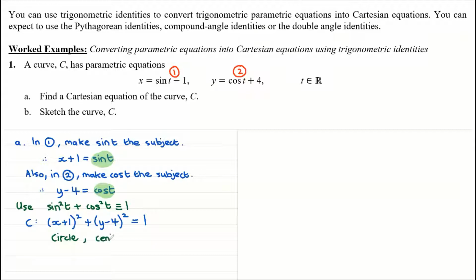Now, the center of the circle is dictated by these values here. So we've got the plus 1 there and the negative 4 there. We just simply have to change the signs of those. And then we've got the coordinates of the center of the circle. So that's going to be at negative 1 and 4. Okay, and then the radius of the circle on the right-hand side is the square root of that number there. So that's, of course, going to be 1. So just write that down.